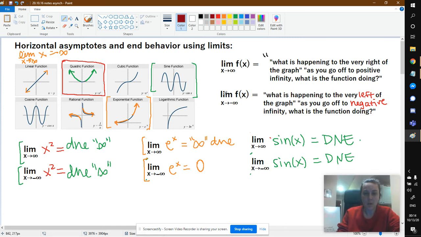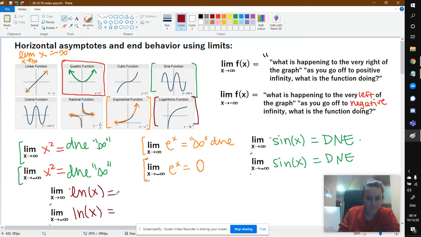And then the other wacky wild one I want to talk about is the logarithmic function, ln of x. As x approaches infinity, you're actually just going to infinity, so this does not exist because it's going off to a non-finite number.